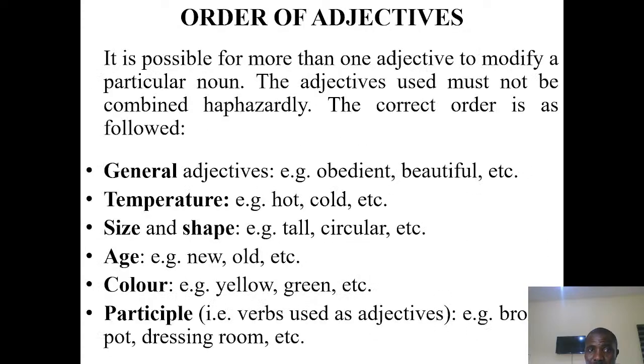The order says that general adjectives, obedient, beautiful, the core adjective, the one we know originally as adjective, generally will come first. The one that will follow it is the one that denotes temperature, hot, cold. Then size and shape, tall, circular, etc. Next, age, new, old. Next, color, yellow, green.